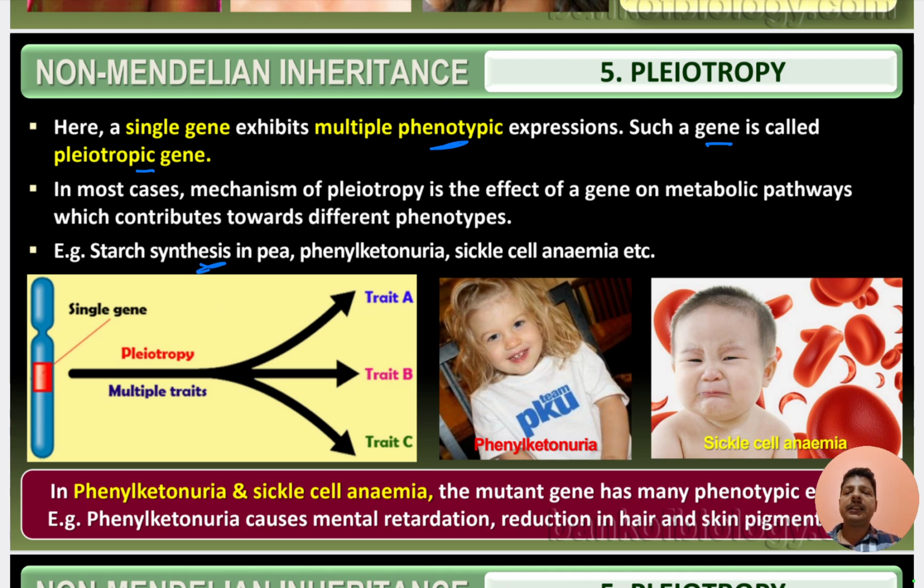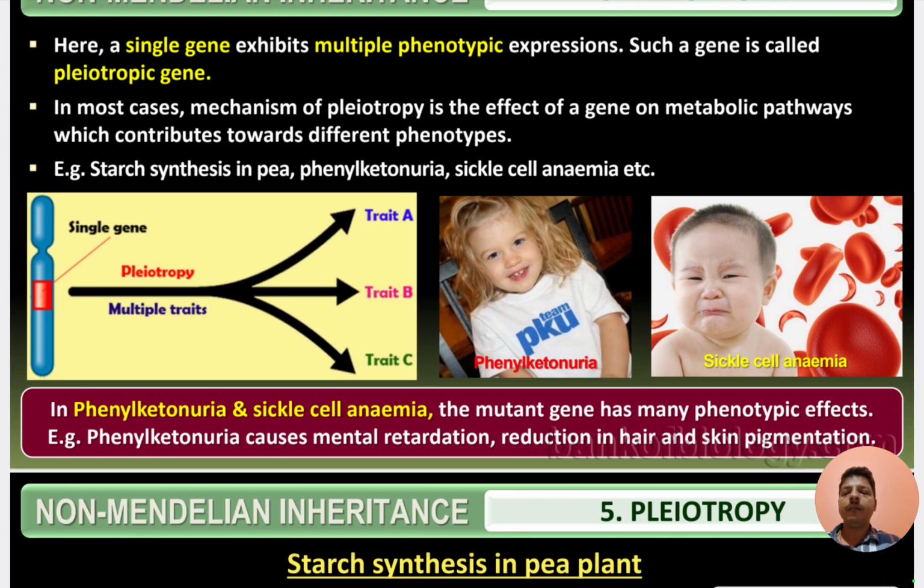Example, starch synthesis in pea plant, phenylketonuria, sickle cell anemia, etc. In phenylketonuria and sickle cell anemia, the mutant gene has many phenotypic effects. Example, phenylketonuria causes mental retardation and reduction of hair and skin pigmentation. Like a single gene, pleiotropy, multiple traits: trait A, trait B and trait C.